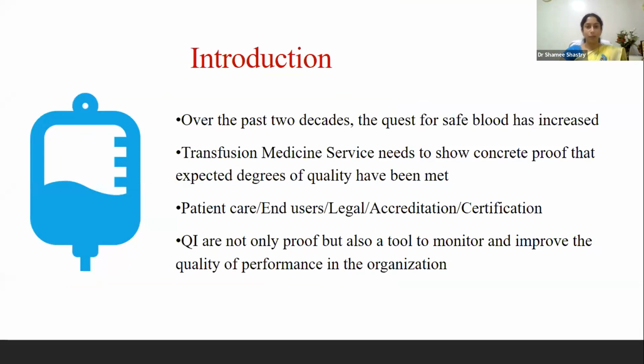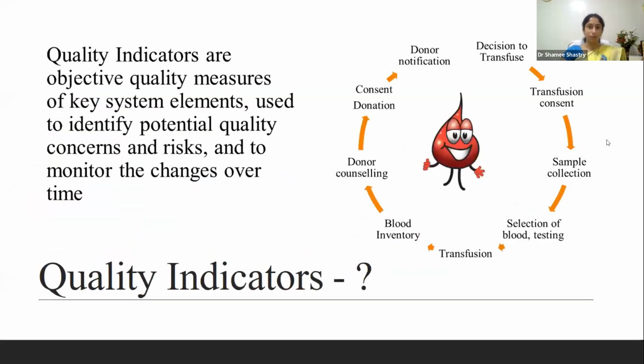The expectation is quite high from patient care and end users, and it is also beneficial in terms of legal aspects and for accreditation and certification. Quality indicators are not only proof but also a tool to monitor various aspects and to improve the quality of performance in an organization.